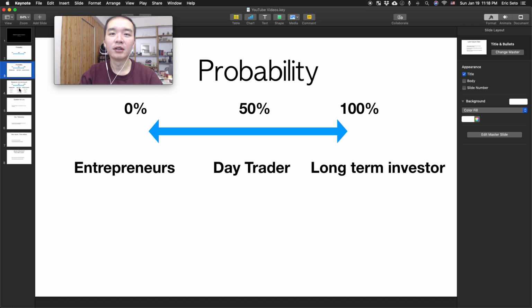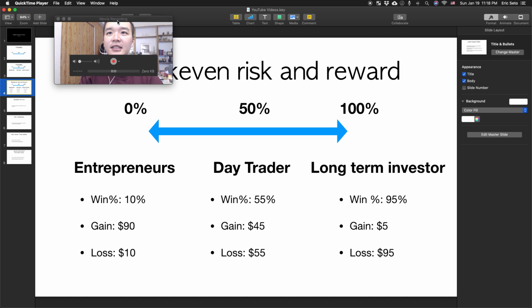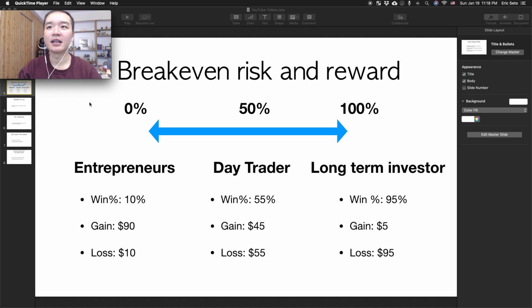Okay, so the most important piece of information in this video is really this slide, and it's the break-even risk and reward. So when you are analyzing probability, you actually need to include risk and reward, so you know when you are break even, because depending on your win ratio, the amount of gain you need or the amount of loss you can possibly have will change.